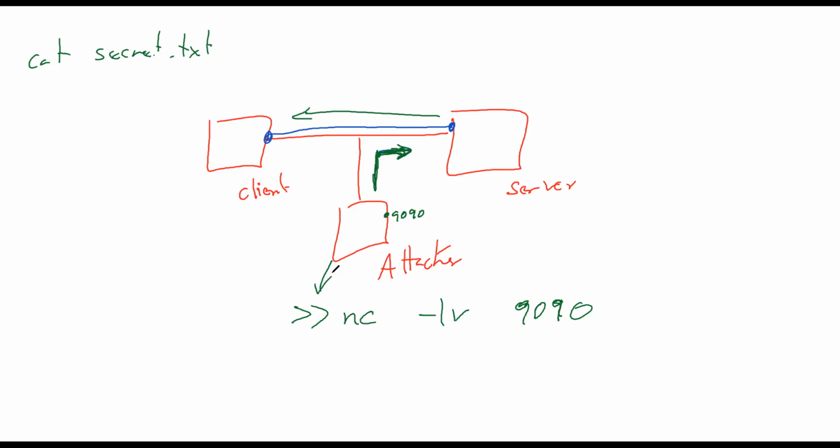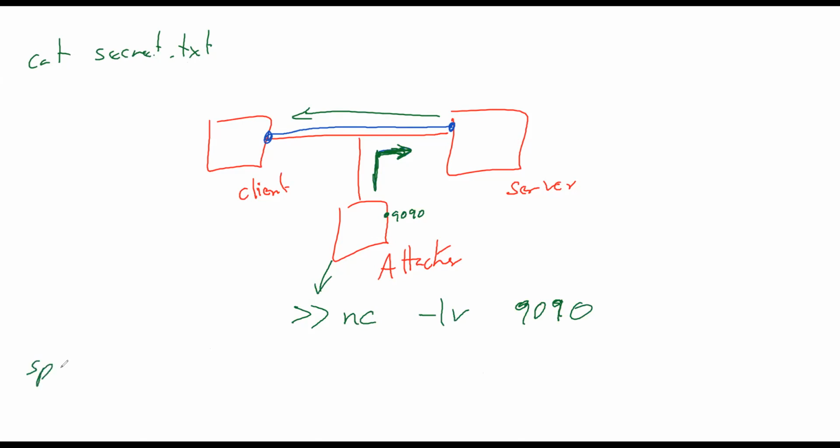Okay, it's basically listening. Now what you need to do is insert a command that reads the file and then sends the output to netcat on 9090. That's the payload of your packet.